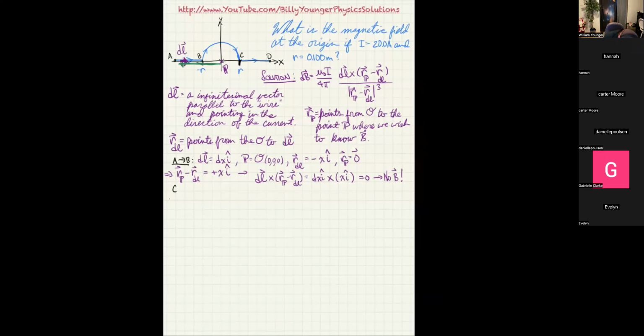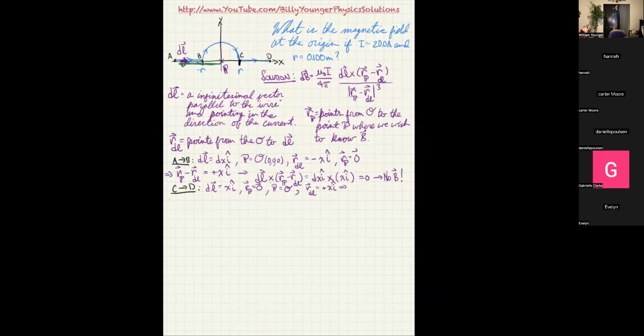So I'll write it right here. What I'll just do is point out that DL, which I was doing in purple, so I should do it in purple, is going to be X I hat, and that RP is going to be the zero vector, that P is the origin, that RDL is going to be, this time, actually positive X I hat, like that.